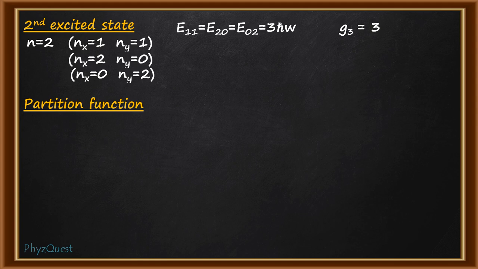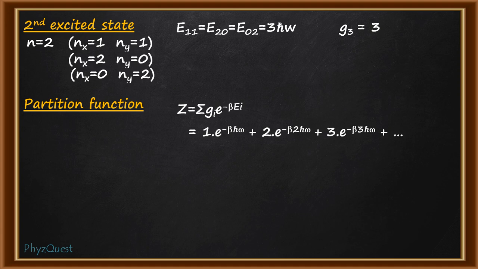So this expression Z is equal to the summation over g_i e to the power minus beta E_i. Now let's put the value of g_i and the corresponding E_i values here. So first this will be 1 into e to the power minus beta h cross omega plus 2 into e to the power minus beta 2h cross omega plus 3 into e to the power minus beta 3h cross omega.